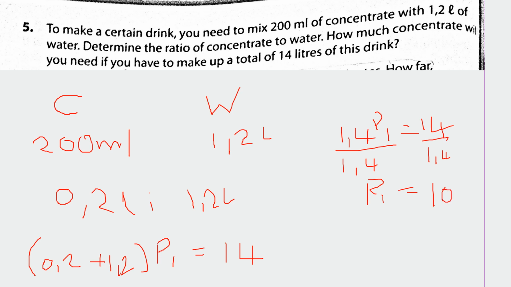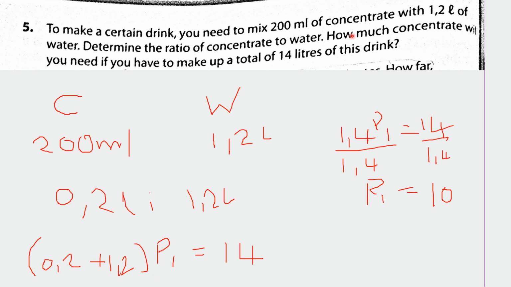Okay, so now remember, when you get your P1, which is one ratio, it means now to get the amount of concentrate, you have to multiply whatever ratio that you have of concentrate with what? With 10, so that you get the exact amount of concentrate. And then you also do the same if you want to get the exact amount of water. You will say 10 multiplied by the ratio of water.